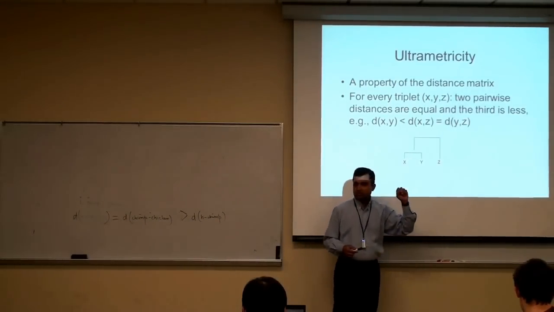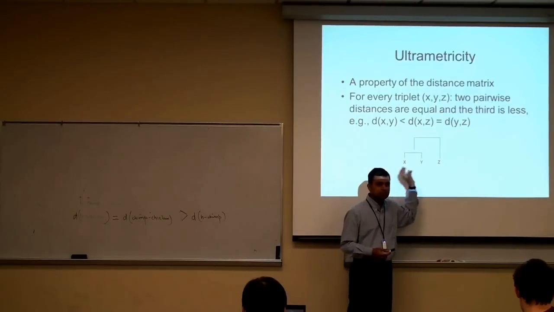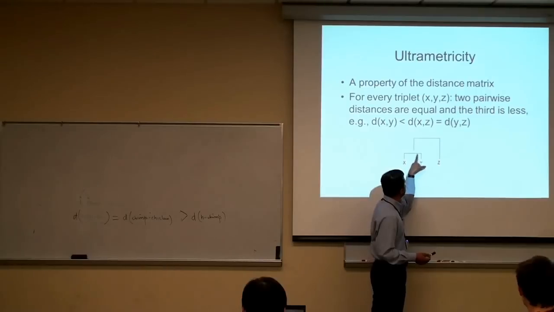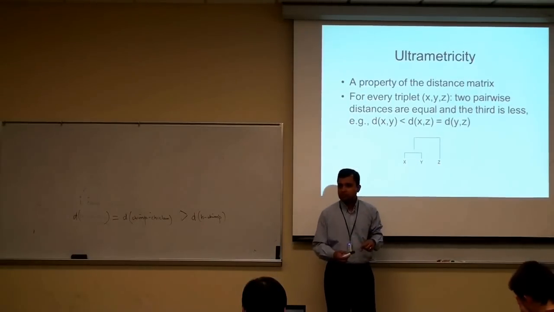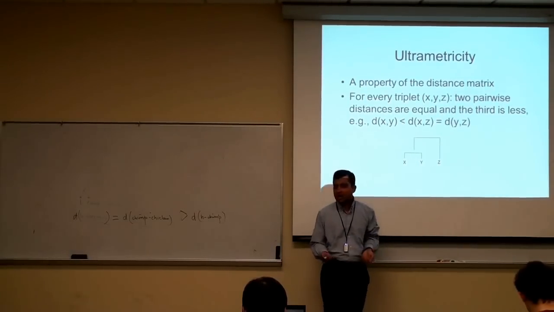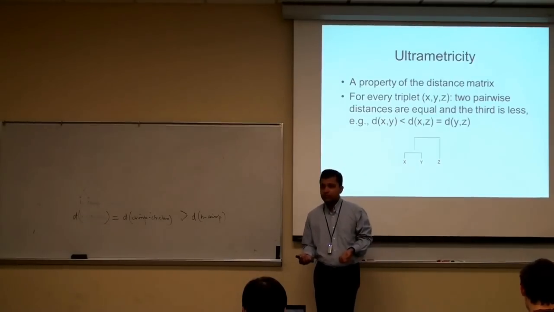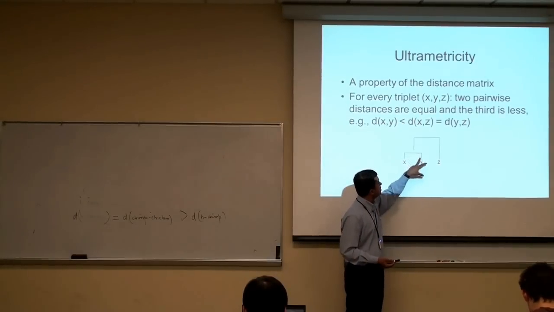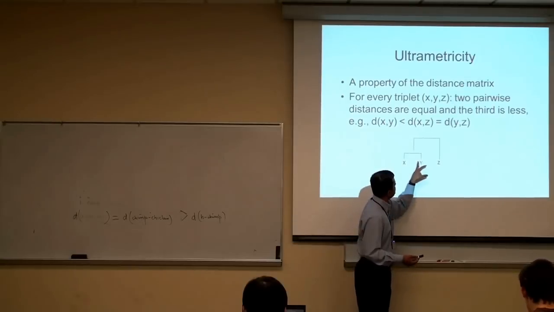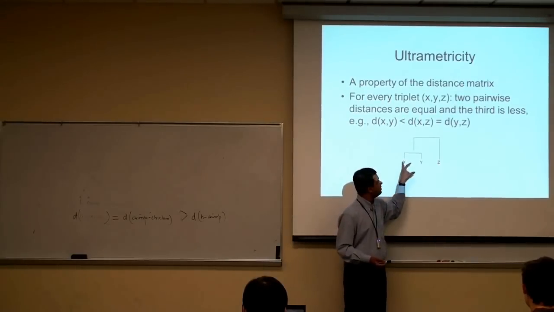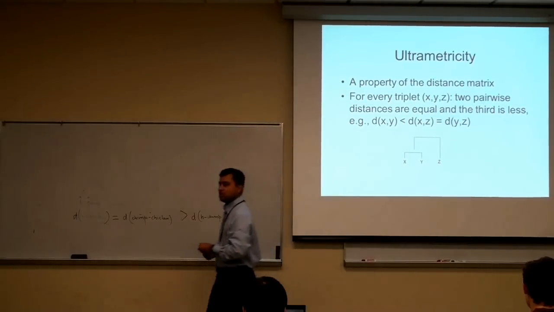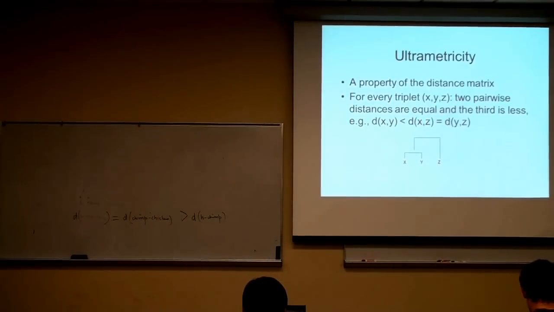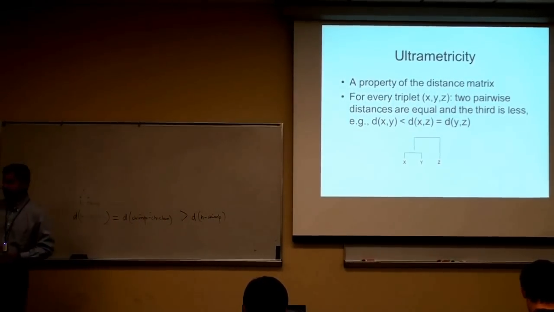If this is the true tree, and the path lengths are the true evolutionary divergences between these species, and the divergence is measured in time, you would expect this time to be equal to this time, so that these two distances are going to be equal, and this distance is going to be less, right? That's the intuition that this property tries to capture.